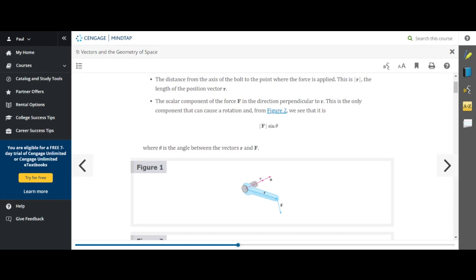This is really what torque is about. Now, is all of the force that they're showing there in figure 1, the entire force vector, being used in producing the torque?